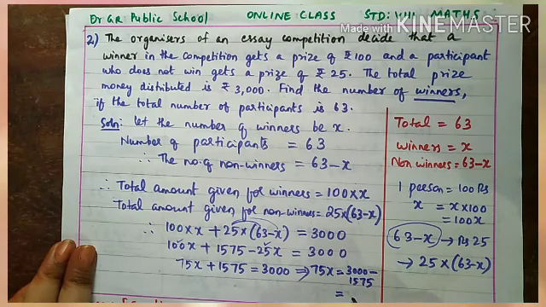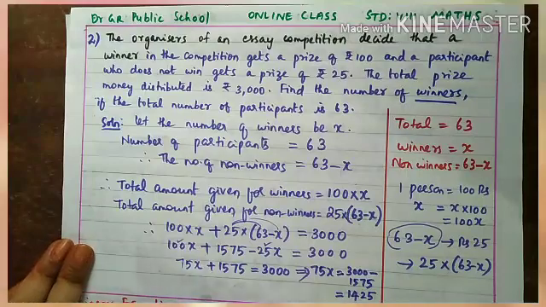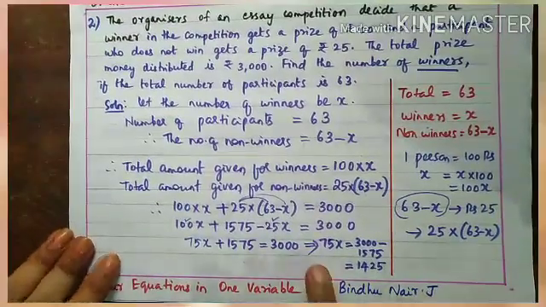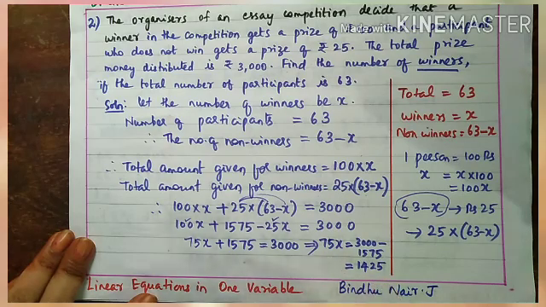You will get 3000 minus 1575. All of you find out, it is 1425 you will get. Okay, now you see the left hand side 75x and the right hand side 1425. So 75 into x, it will become division when transposed.